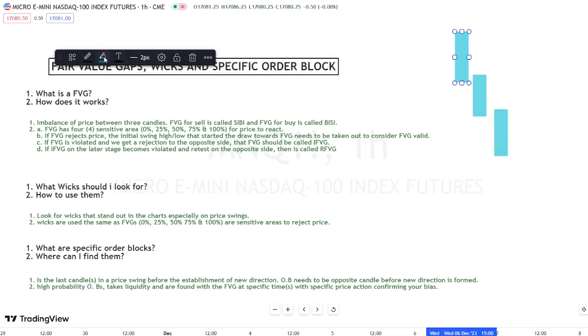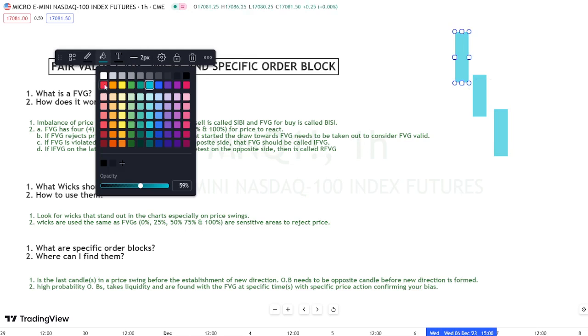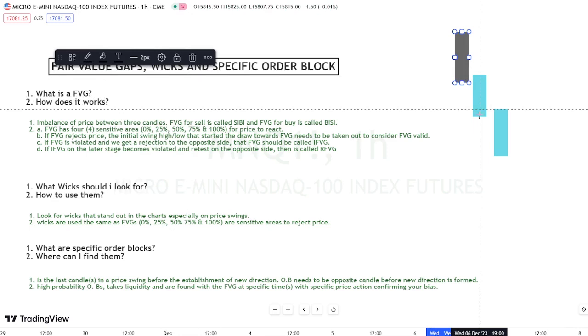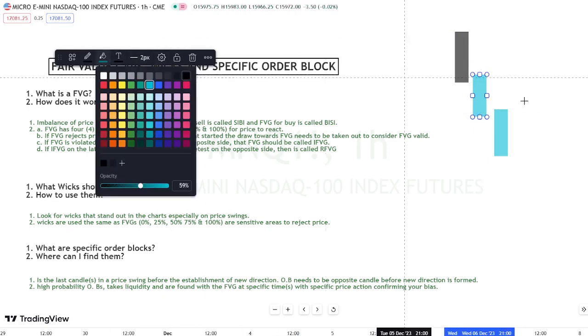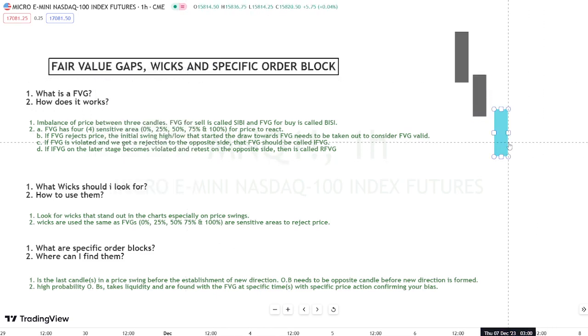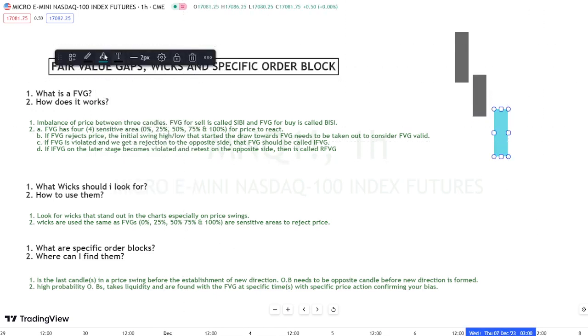Let's make this black. It doesn't matter what the candles are on a fair value gap, guys. Let's just make this one black, this one, and this one. I hope it doesn't take our time.